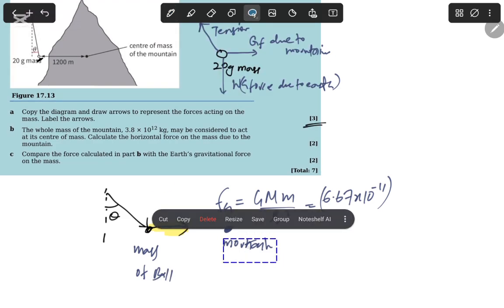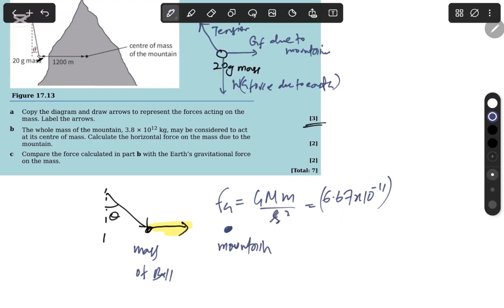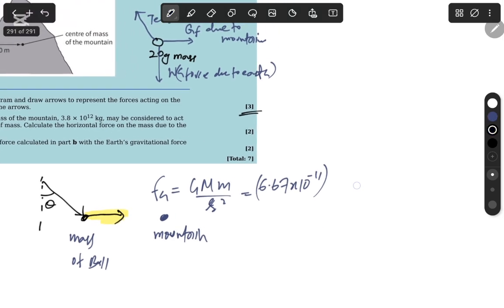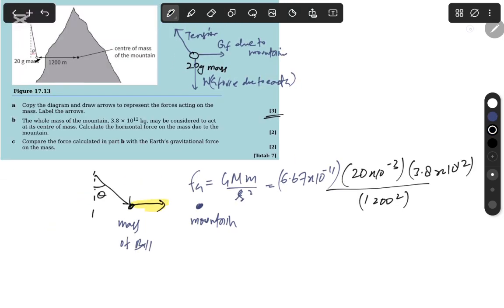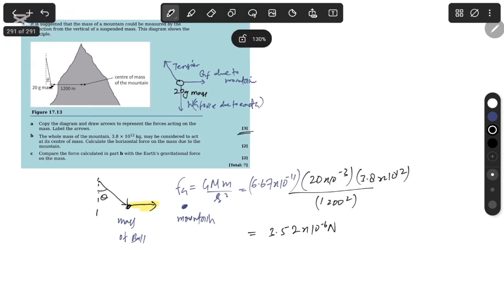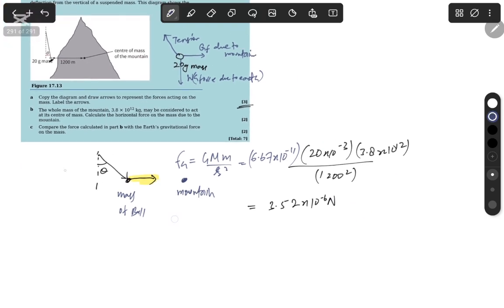Mass of the ball, and then the mass of the mountain. Then I'm going to plug in the values. So there we have plugged in the values, and we should get an answer of 3.52 times 10 to the power of minus 6 newtons. That's part B.